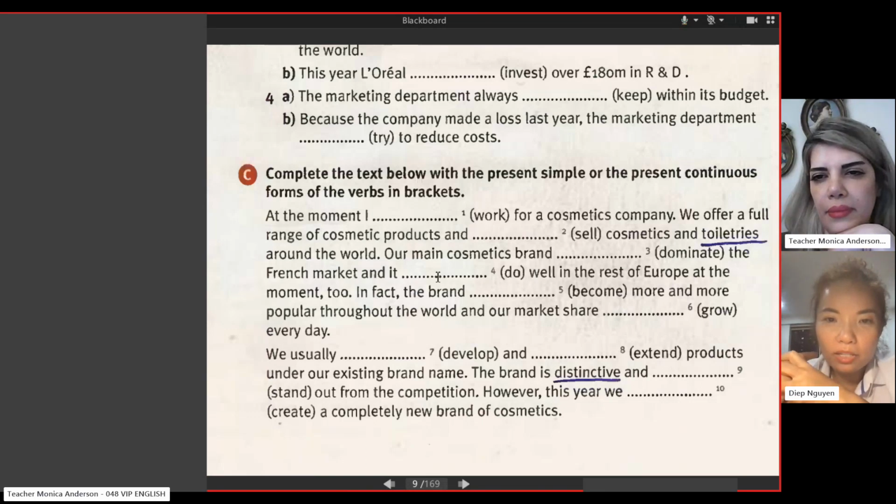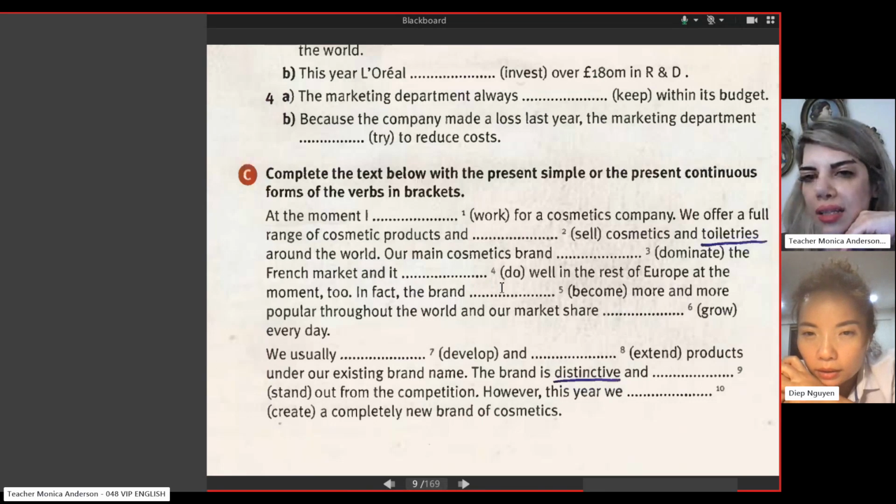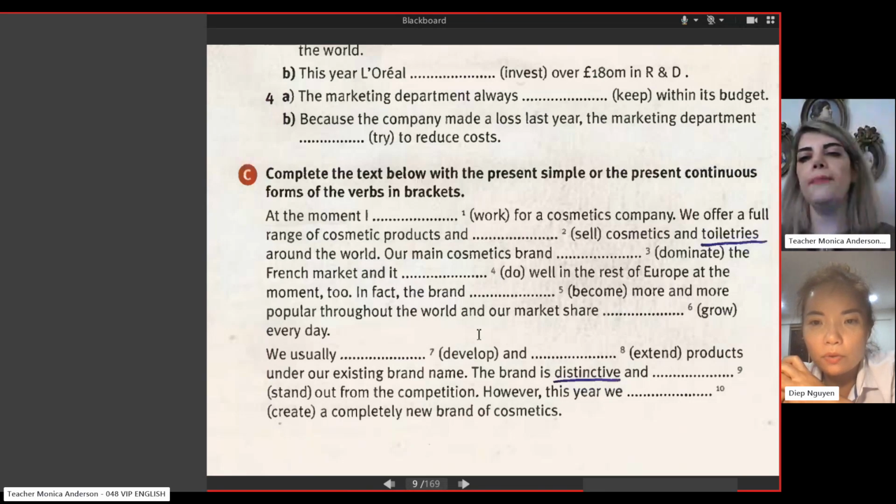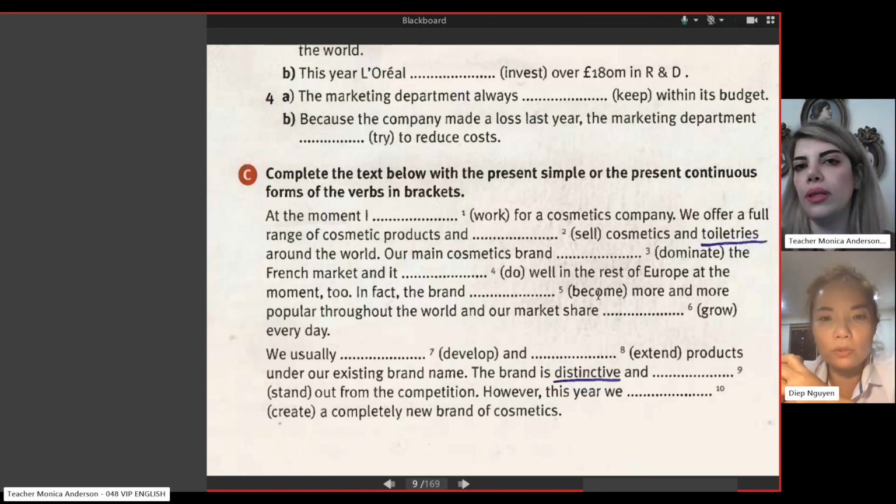Our main cosmetic brand is dominating the brand markets and is doing well in the rest of Europe at the moment too.